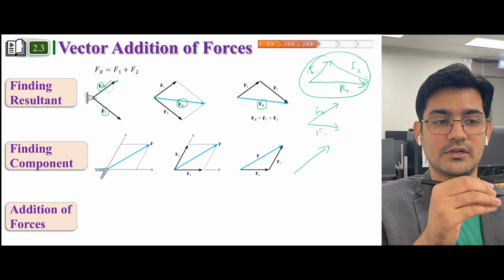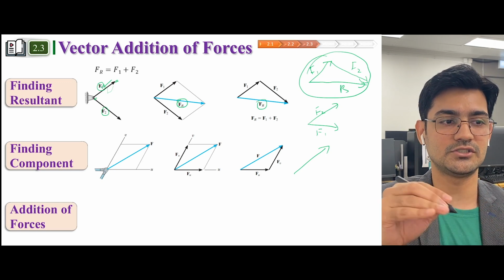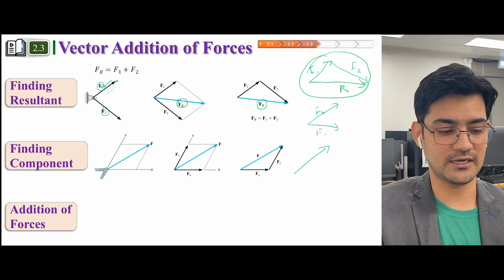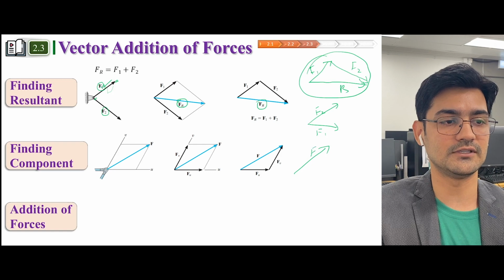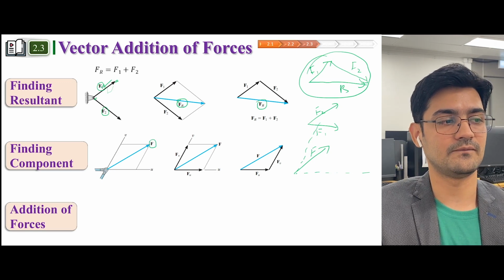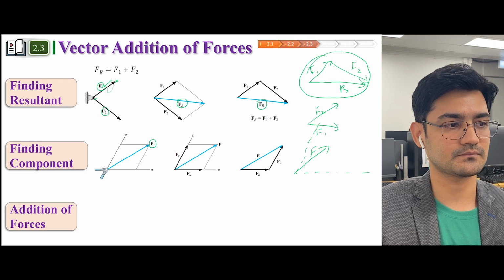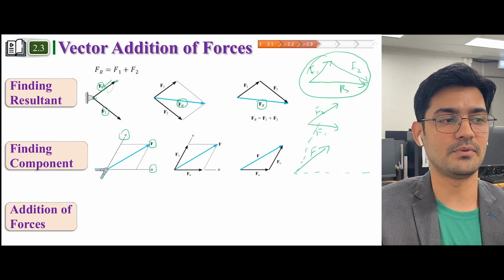In order to resolve it into components, we have to define in which directions we need to find the components. For example, I want to find the component of this force in this axis and in this axis. In this case, we have a force which is represented by a blue line. These are the two axes where we want to figure out the components of the force.